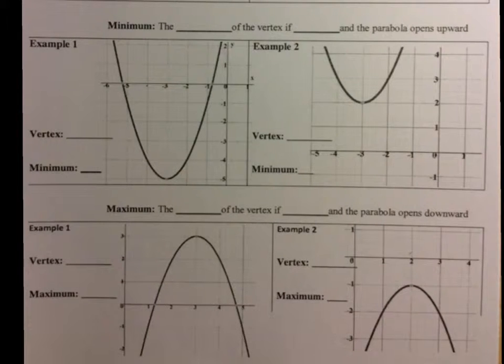The minimum point of a parabola is the y value of the vertex if a is greater than 0. And remember, we talked a few days ago that if a is bigger than 0, then your parabola will be opening upwards.